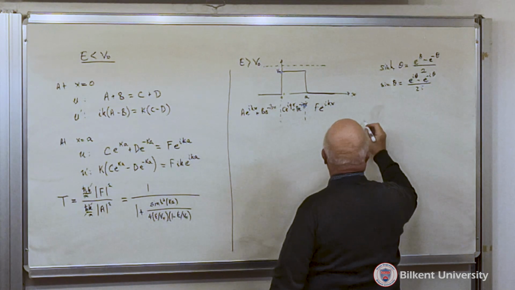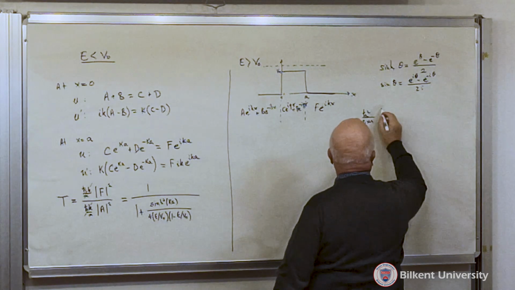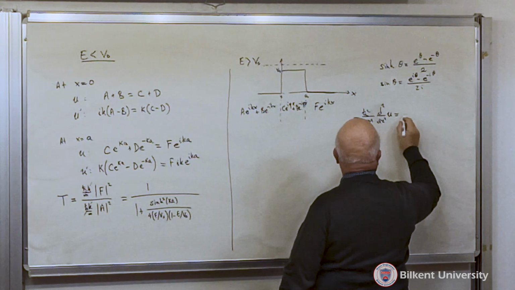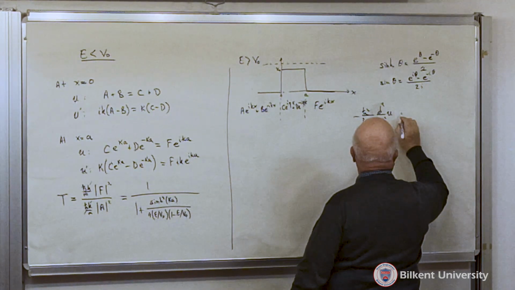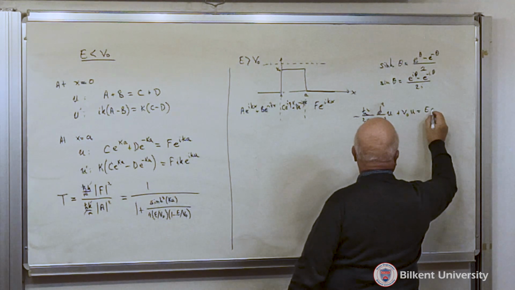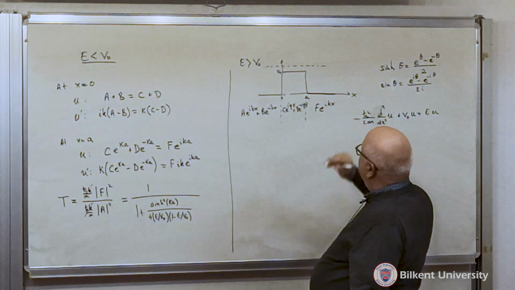Okay, so in this case I have minus h bar squared over 2m d squared dx squared u, plus V0 u, is equal to E u, again just like the previous case. But now E is greater than V0.